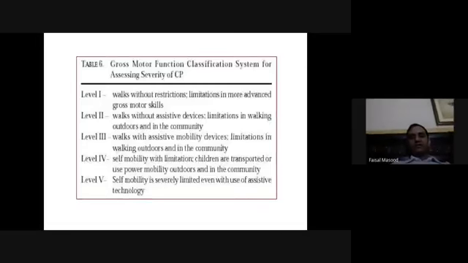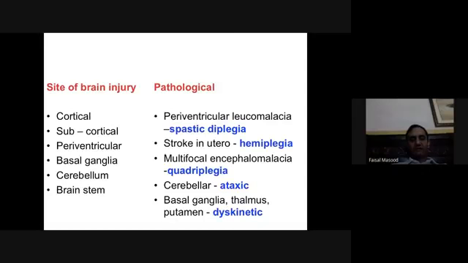So these are the different levels. Level 1 are normal, level 2 walk without restriction, but there are slight changes, without assistive devices. Level 3 walks with assistive mobility devices. Level 4 self mobility with limitation. Level 5 self mobility is severely affected.